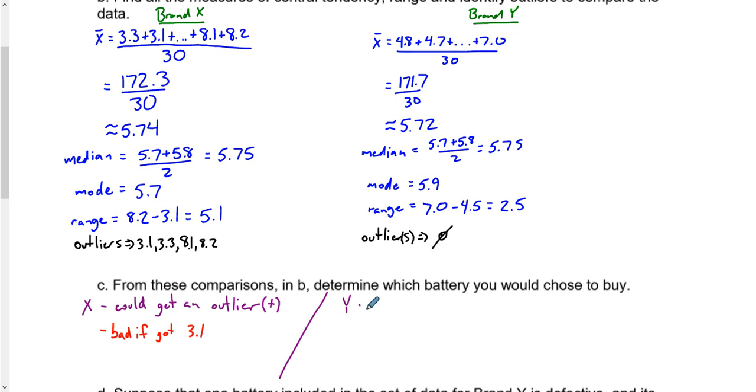If you wanted to go for brand Y, it's a much more consistent battery. Because even though the average is slightly lower, the range is smaller.